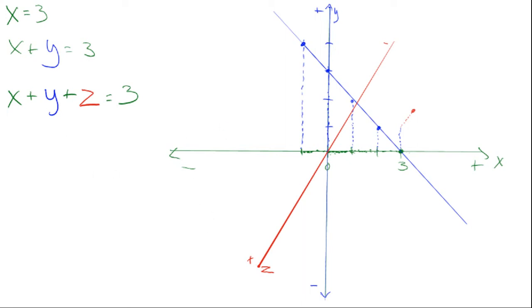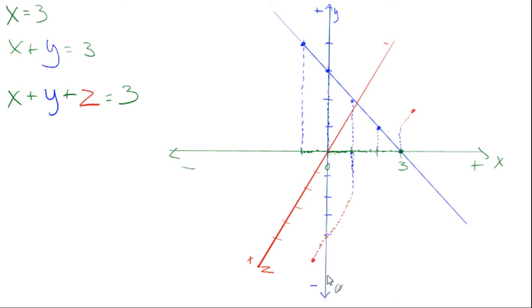And you can imagine, I'll just do it a couple more. If x is 1 and y is negative 2, 1 minus 2 is negative 1. So z then, to make up that difference, so that they all add together to make 3, would have to be positive 4. So it needs to come out 1, 2, 3, 4.